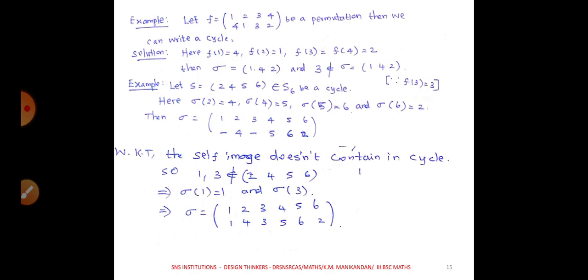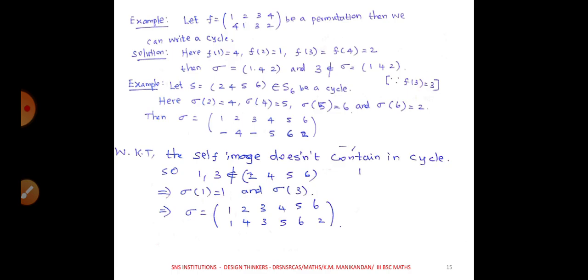Let us consider a cycle (2 4 5 6) belonging to S6. Now here sigma of 2 equals 4, sigma of 4 equals 5, sigma of 5 equals 6 and sigma of 6 is equal to 2. So therefore the self images do not appear in a cycle, that is, 1 mapped to 1 and 3 mapped to 3 are the self images.